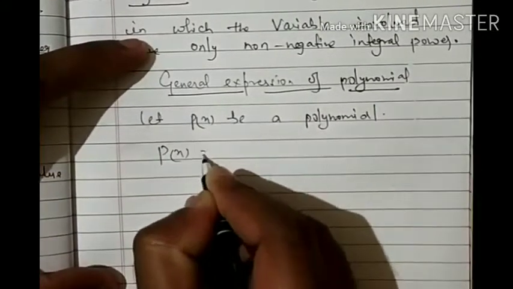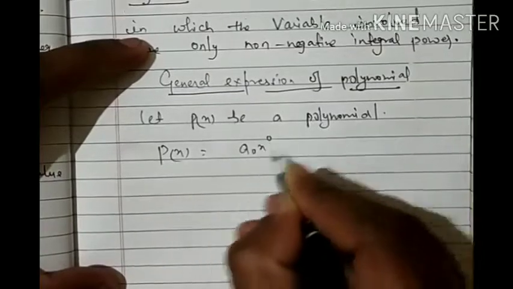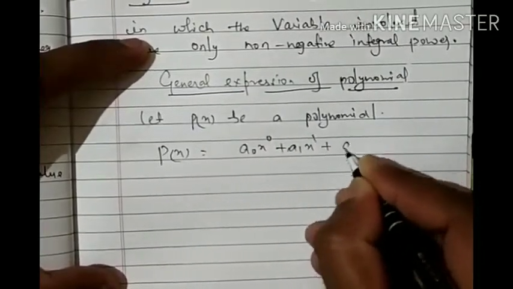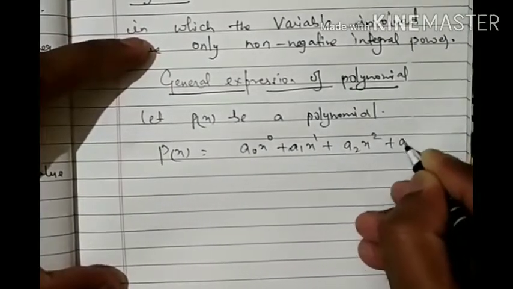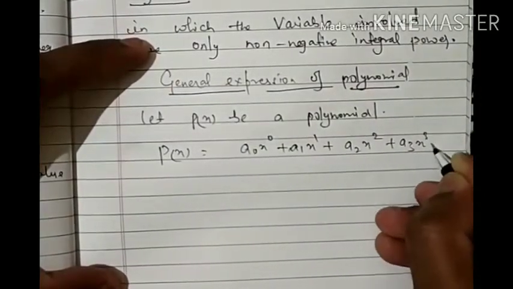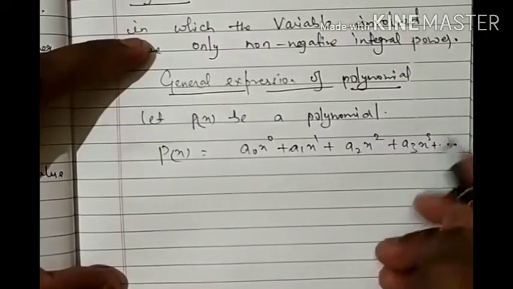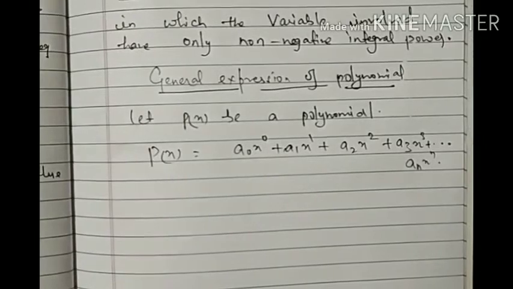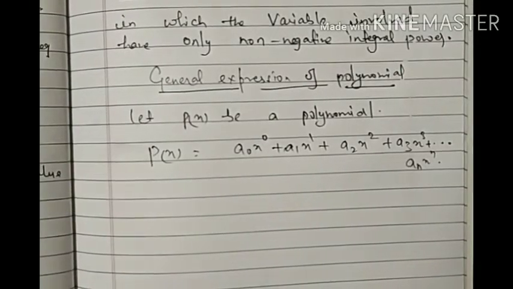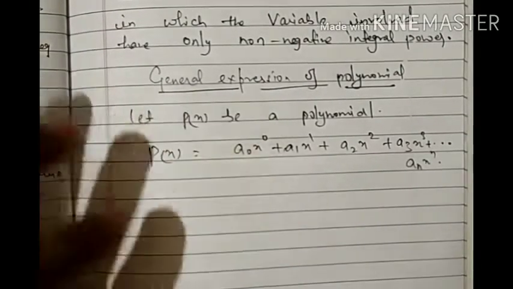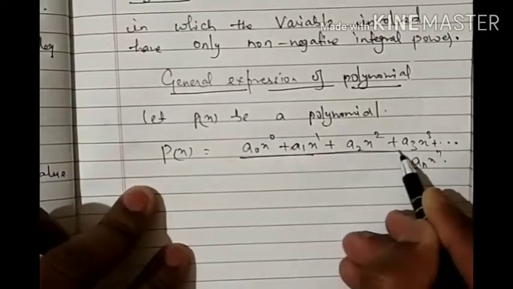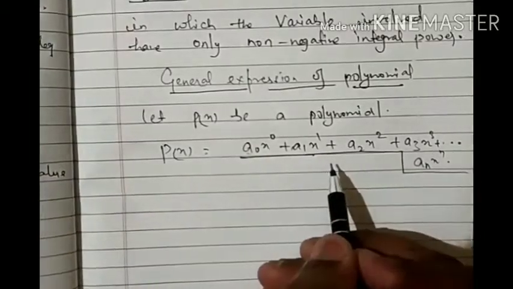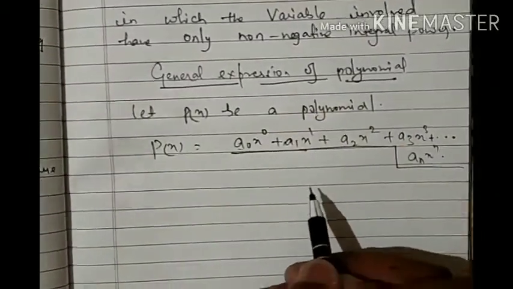Px will be equal to a0 x^0 plus a1 x^1 plus a2 x^2 plus a3 x^3 and so on, that is last term an x^n. This is the general expression of polynomial. We can recognize any polynomial from this given expression. Let us understand this expression.